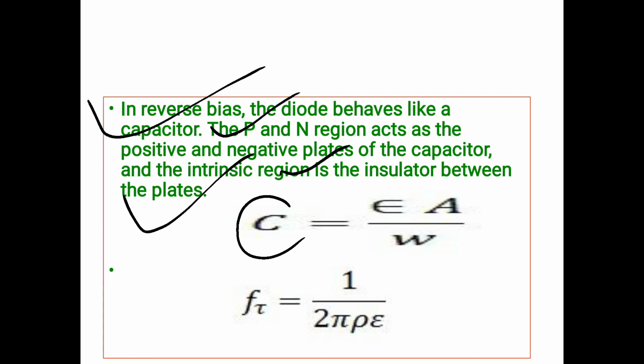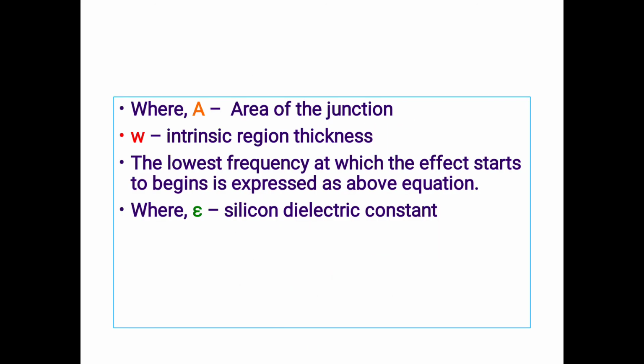And this is f_t equals 1 by 2 pi into rho into epsilon, where f_t is the frequency at the recombination time. This is the minimum frequency which is required for the operation of the diode, where rho is the charge density, epsilon is the permittivity, A is the area of the junction, and W is the intrinsic region thickness.